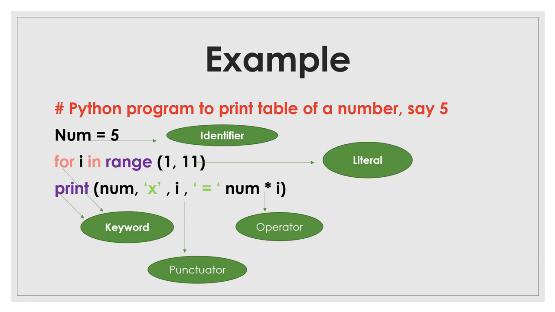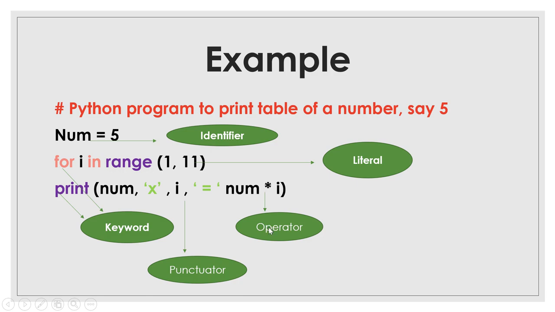Now we will take one example to see these different tokens in a program. Here, num is an identifier as it is a variable. 1 or 11, these are literals, numeric literals. for and print are keywords. They have a specific purpose in a program.